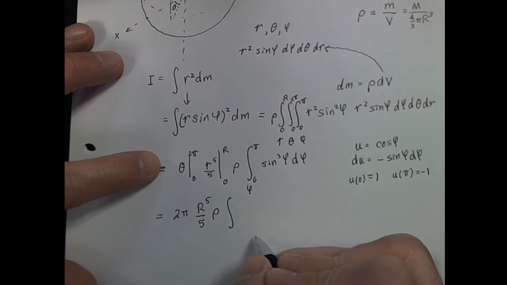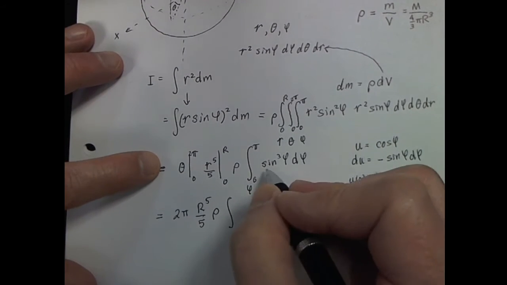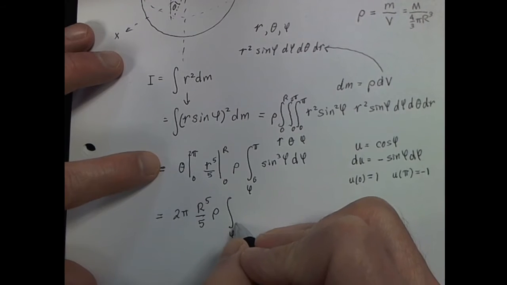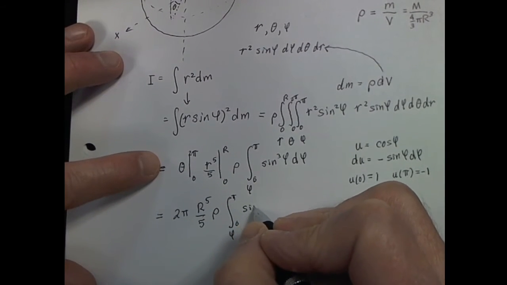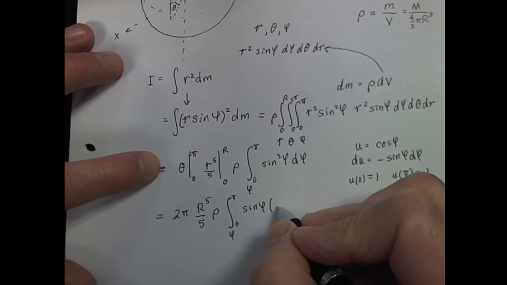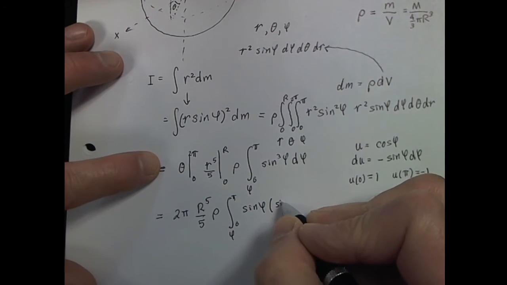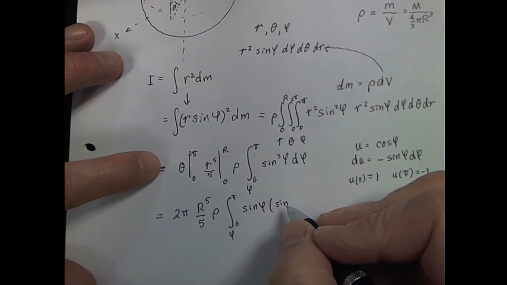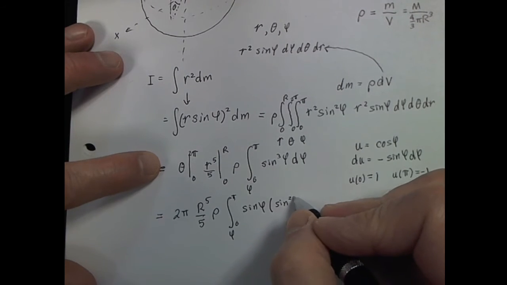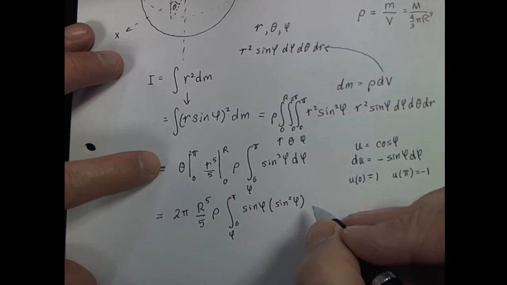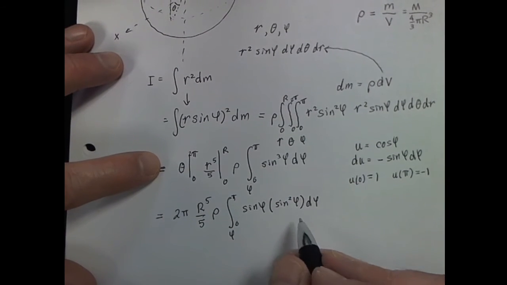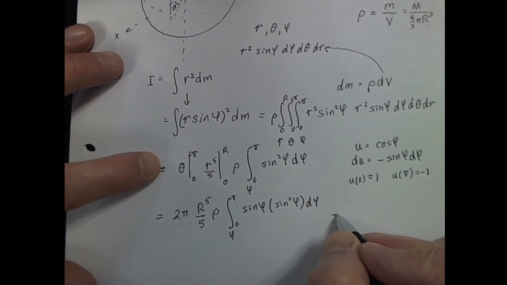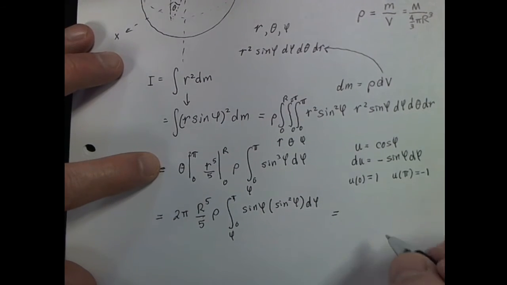And we're going to evaluate this integral now. But before I do the substitution, let me write this as sine phi sine squared phi, like this, d phi. I'm going to combine a lot of this stuff here.